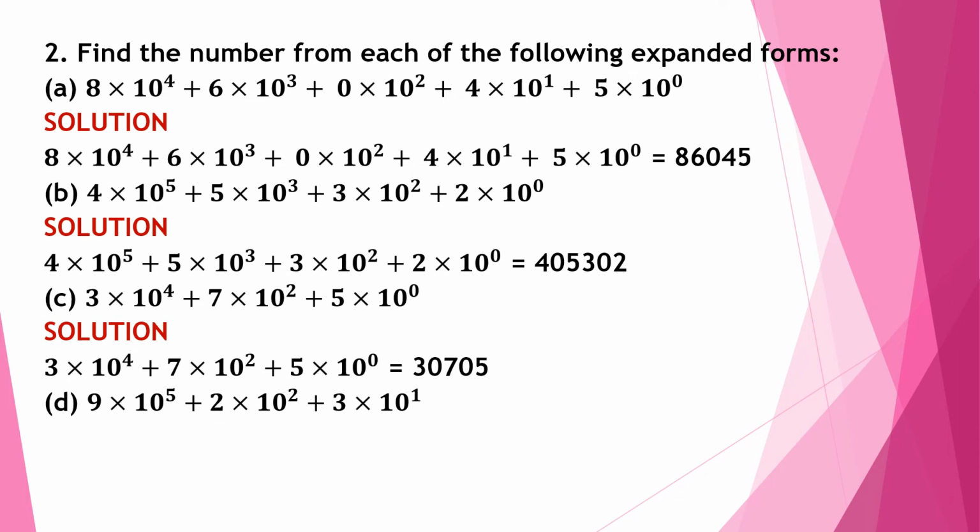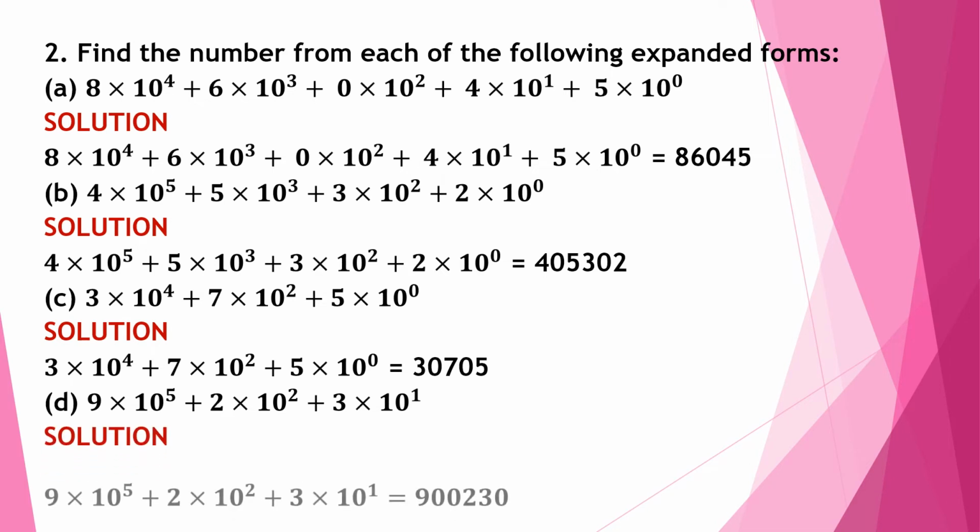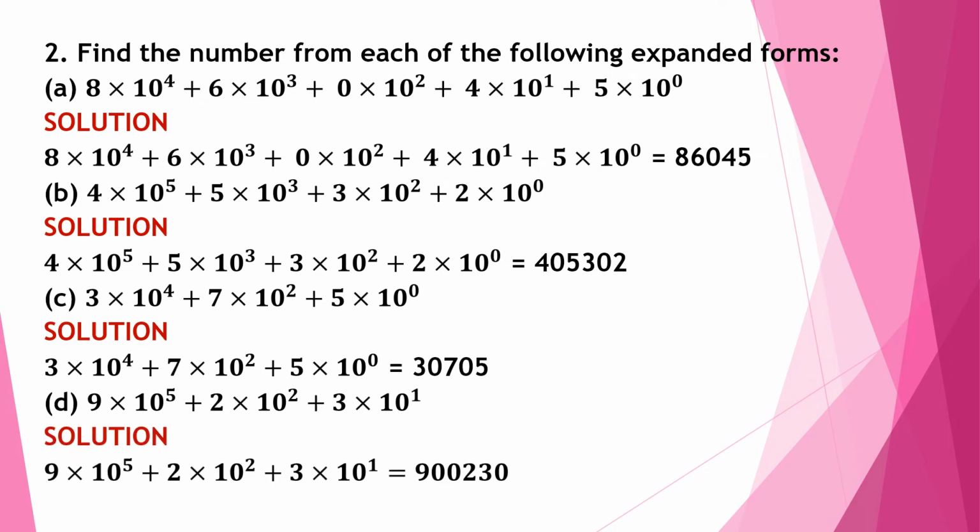So the number obtained is 900,230. That means 9,230,000.